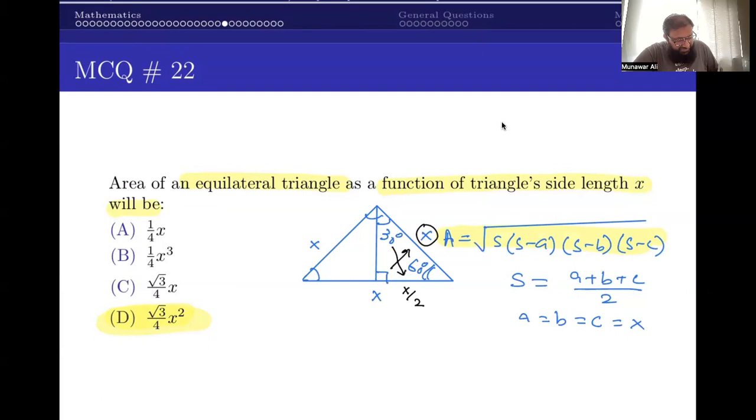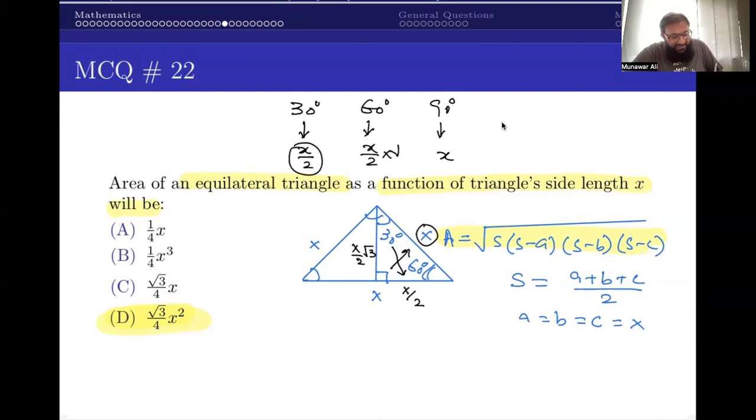So this side is going to be x by 2 times square root of 3. So for 30, 60, 90, let's say the side opposite to 90 is x. 30 is going to be half of that, and 60 is going to be this side multiplied by square root of 3. You can find these out by using trigonometric values, or just memorize them for the 30, 60, 90 triangle.